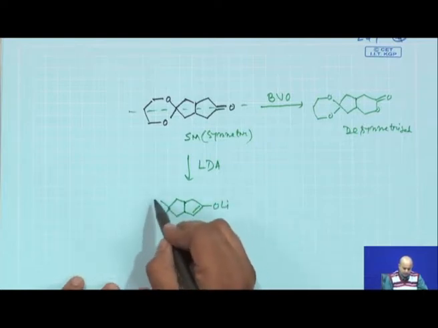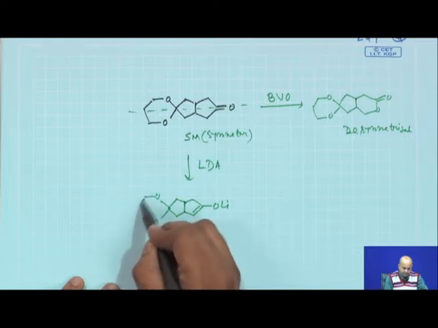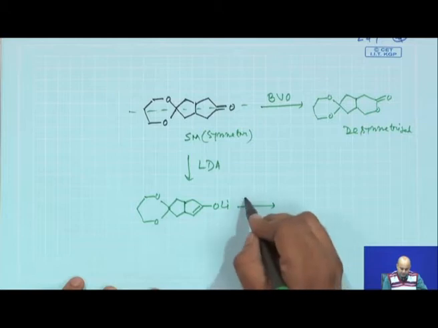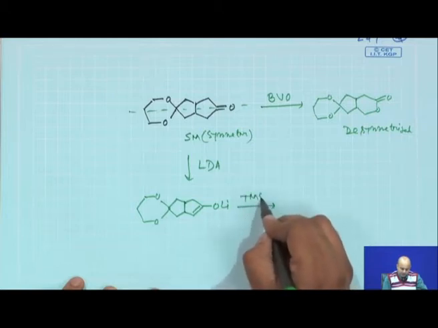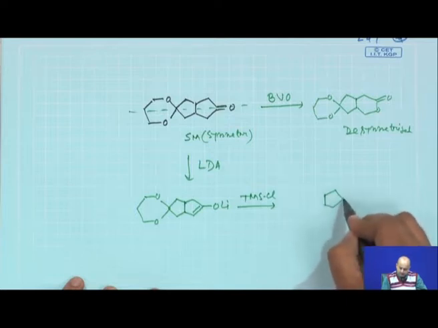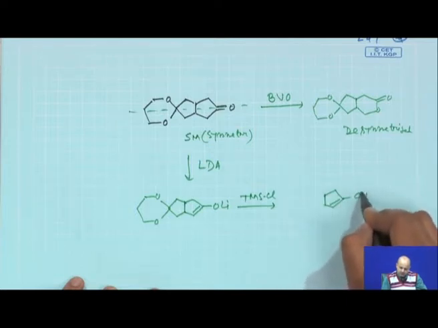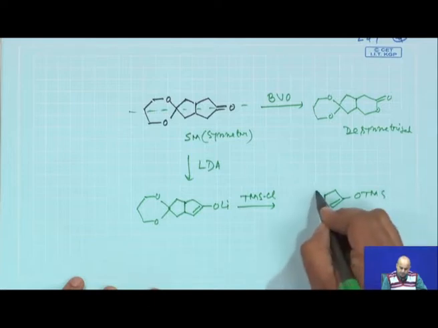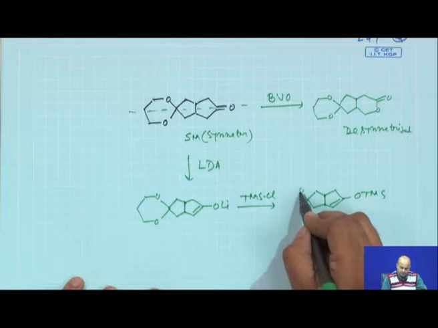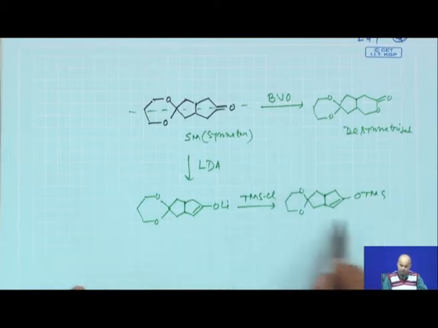Now also this thing is desymmetrized, but the OLi normally is not a stable form. You can treat this compound with TMS chloride, the enol silyl ether, you basically get the corresponding OTMS. So, in this way the desymmetrization was done.